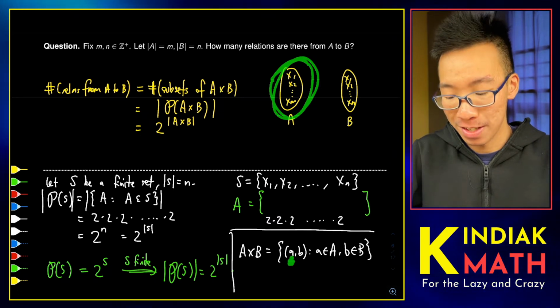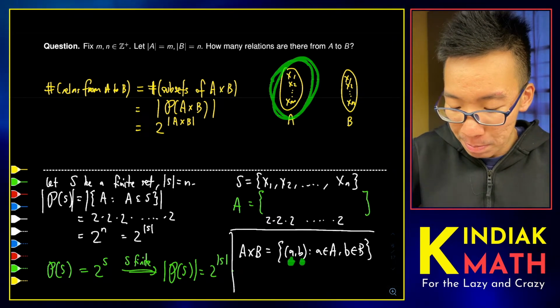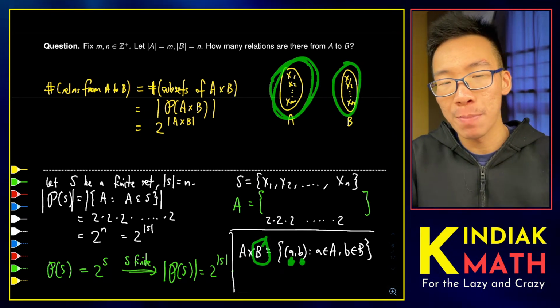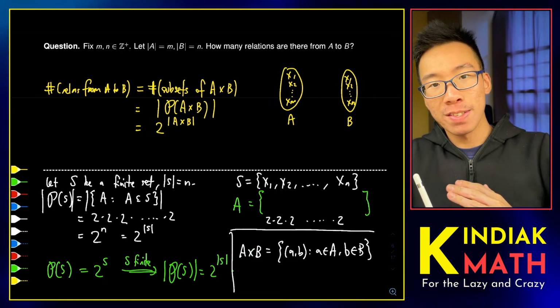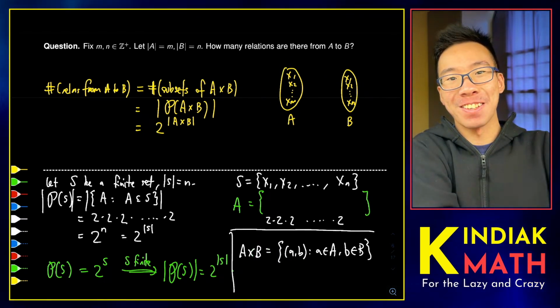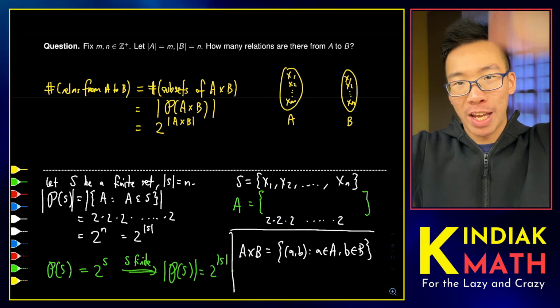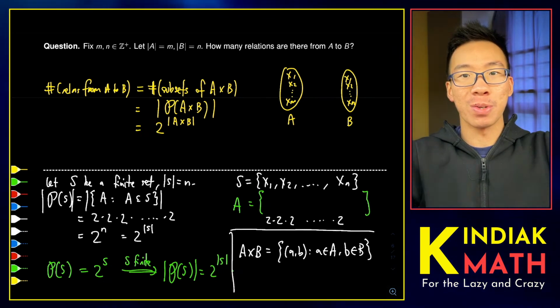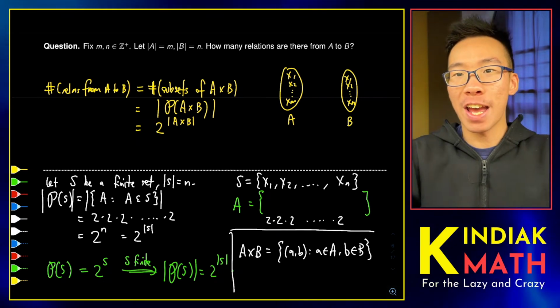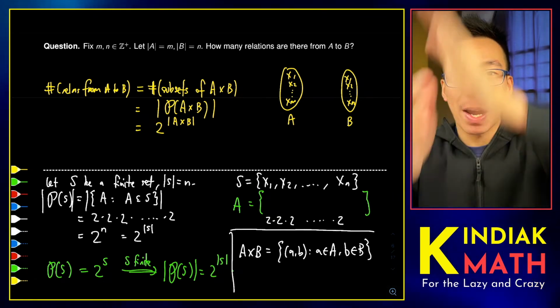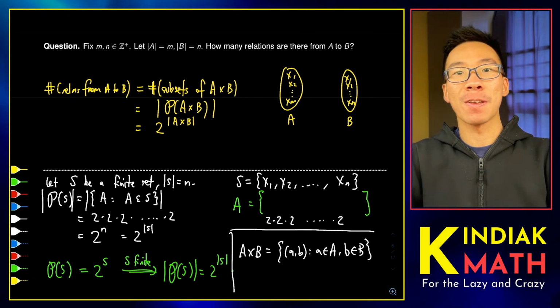And if B has a total of n elements, each of these m choices has n more options. So the first option you have n, the second option you have n, the third option you have n, you essentially have m multiplied by n options.